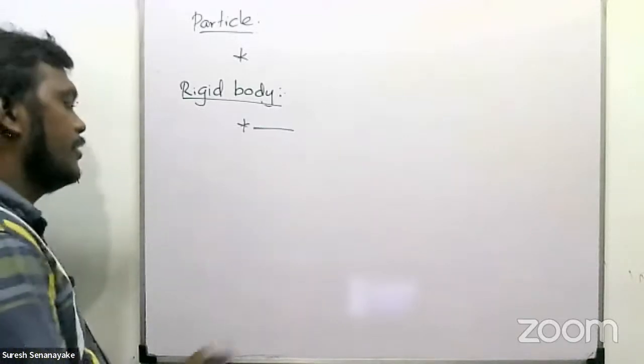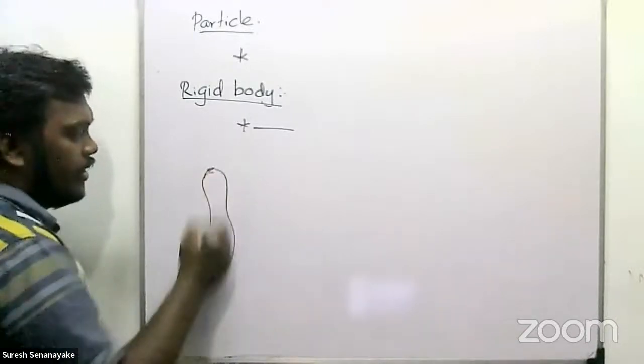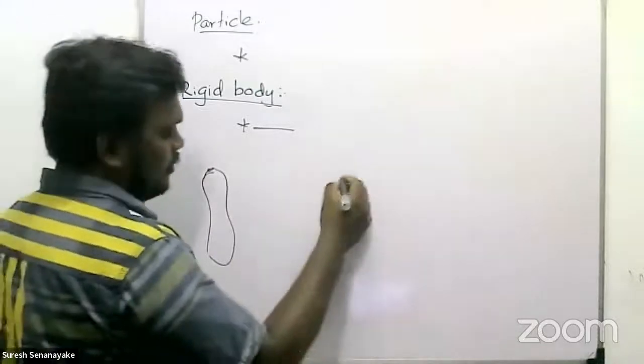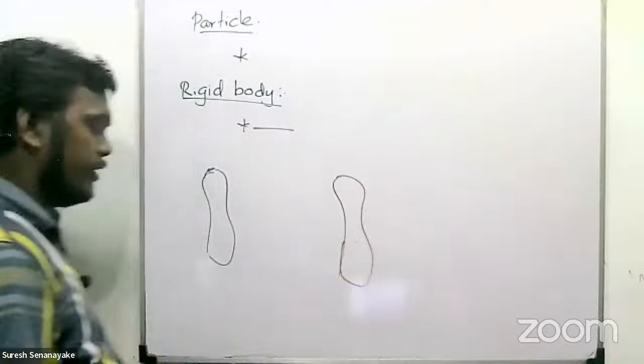Then you know already this, that if a body is there at the time t equals 0, so after the time t the body comes to this point.